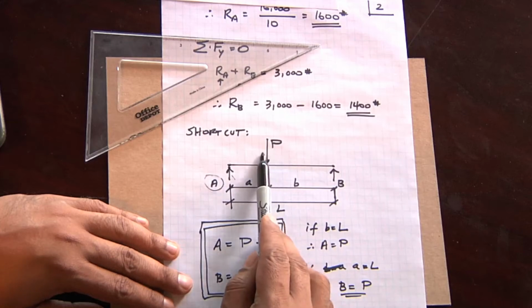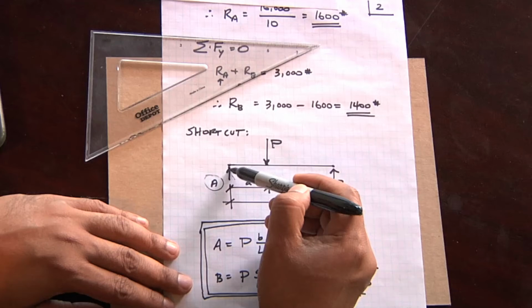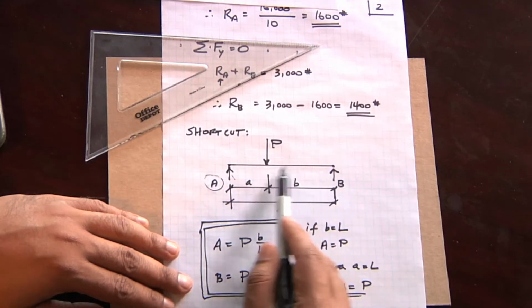So whenever the load is closer to the reaction point, more of that force goes into that reaction, and vice versa. So if we were to use this approach, we could solve this problem for reactions much quicker. We'll take a second and show you how we could do that.